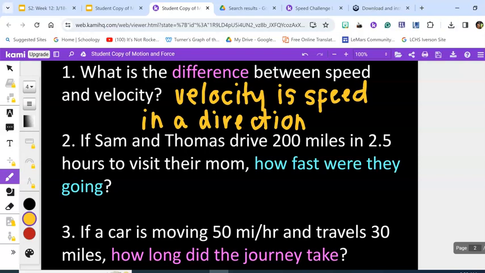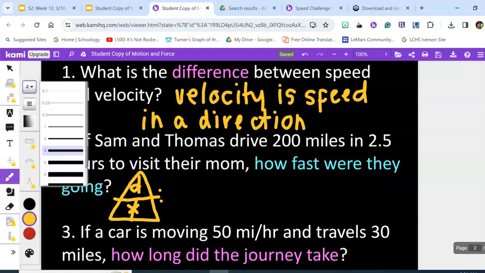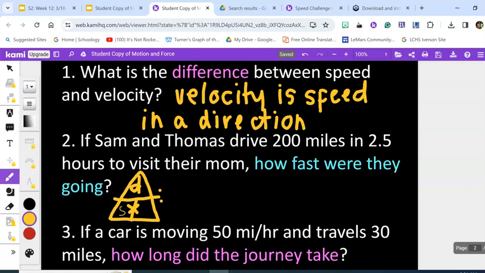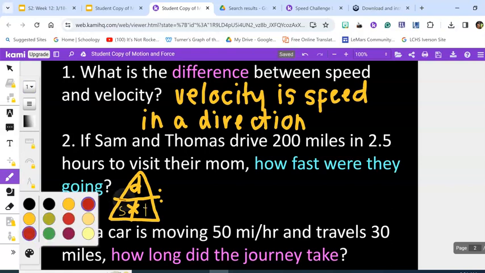So, I'm going to do this as a reminder to you. This is my little speed triangle, right? And if you follow along here, distance and then speed and time. This line is division.